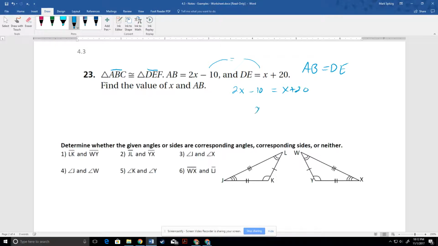So we end up with x equals 30. Are we done? Not quite, because we did find this part, which is 30. We're looking for AB, so we plug it back in, and we do 2 times 30 minus 10. We get 60 minus 10, which is 50. So we know that AB is 50.